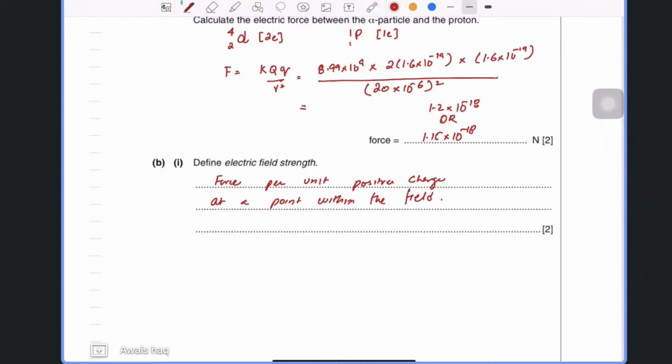Writing positive charge is a convention, and it is very important, and it does hold marks. So if you don't, you might lose marks, and this is the reason why they will give you this as a 2 mark definition.